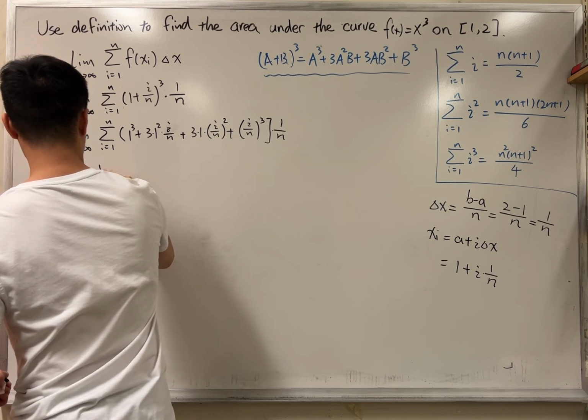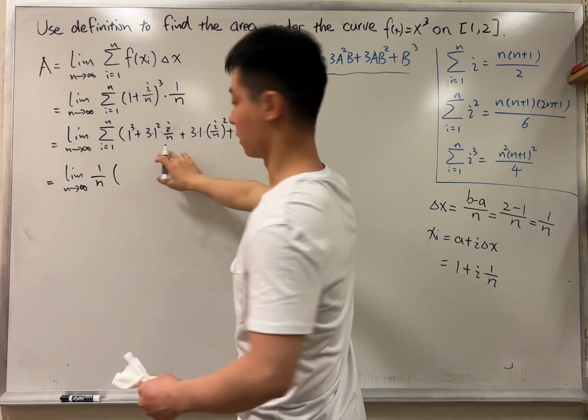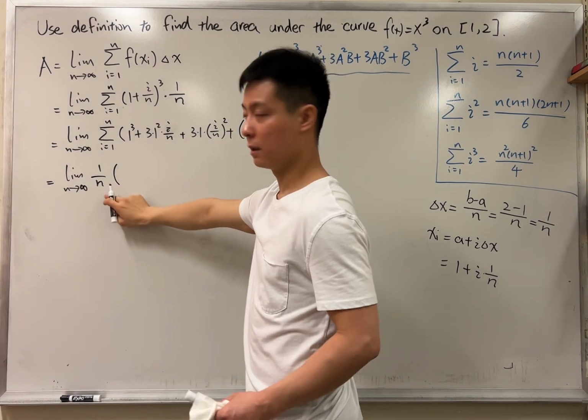And then we will simplify this by distributing the sigma notation into the bracket, and at the same time I'm going to write this 1 over n here.